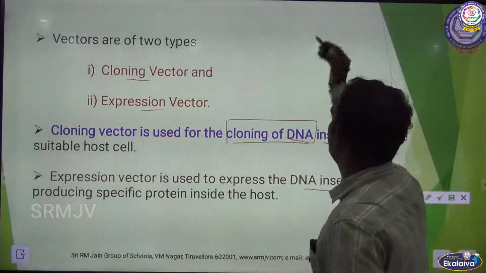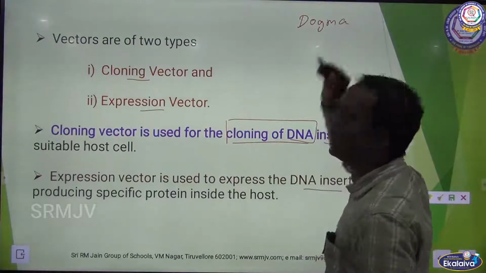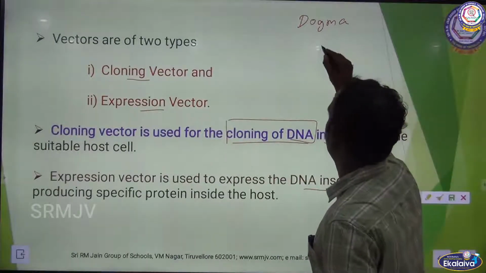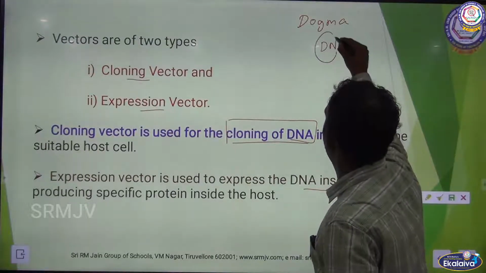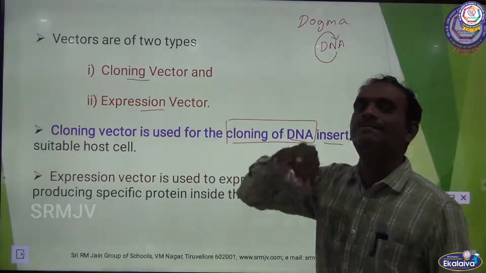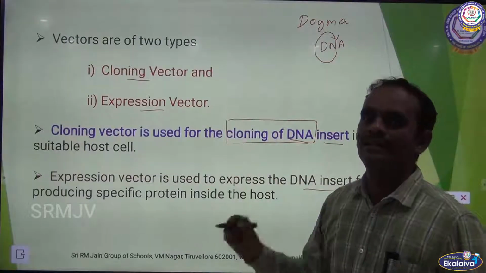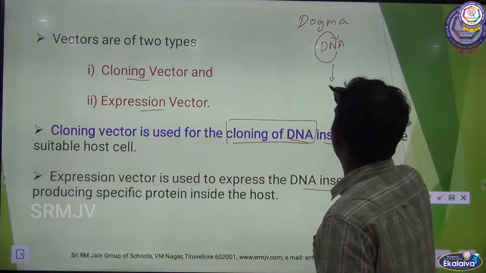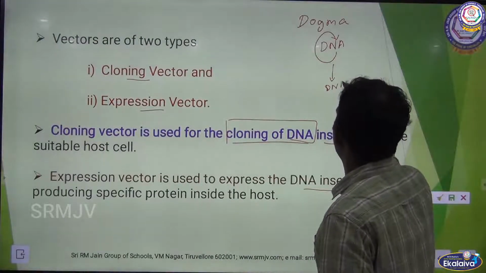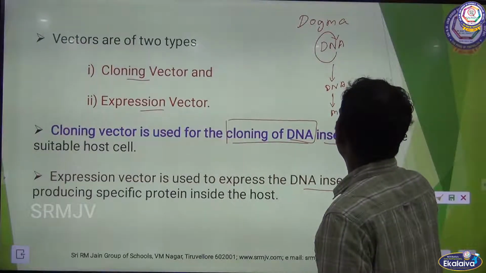Have you heard the word central dogma? What is central dogma? Here it is DNA. DNA has the property of replication. It produces the same DNA, another DNA, daughter DNA, and then DNA to mRNA.